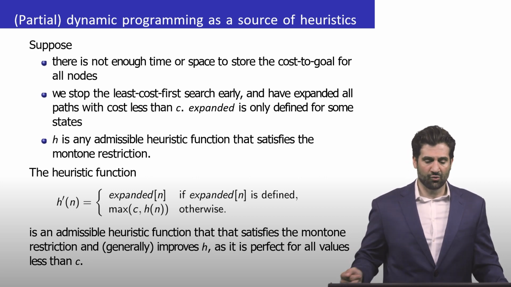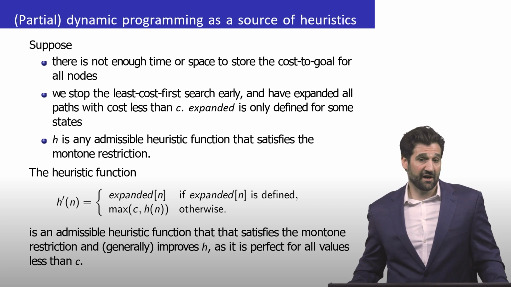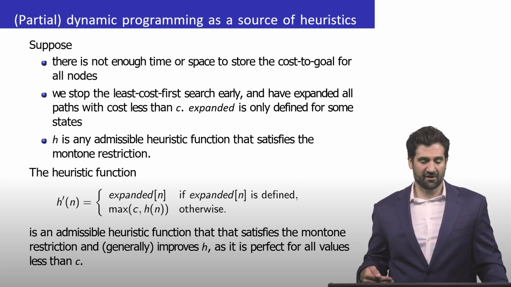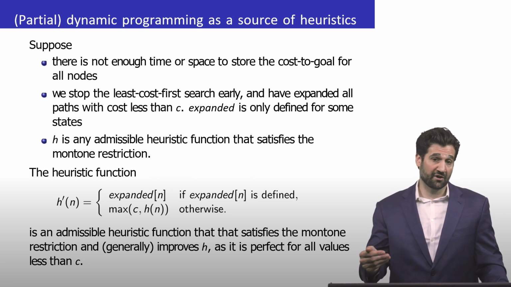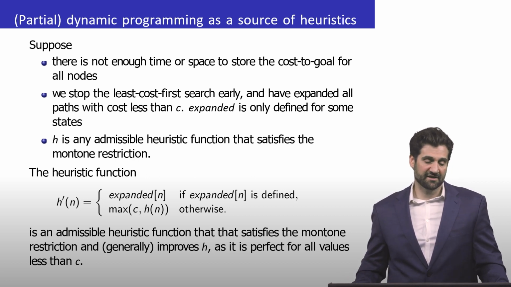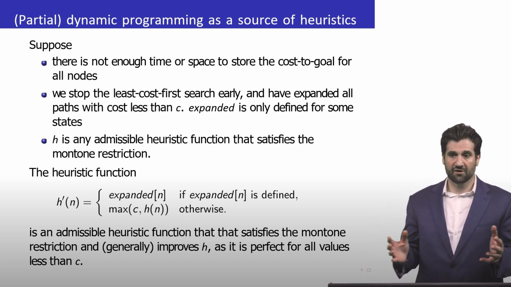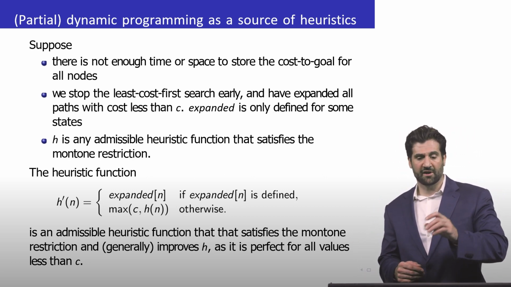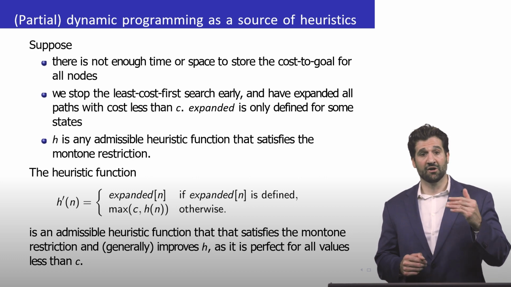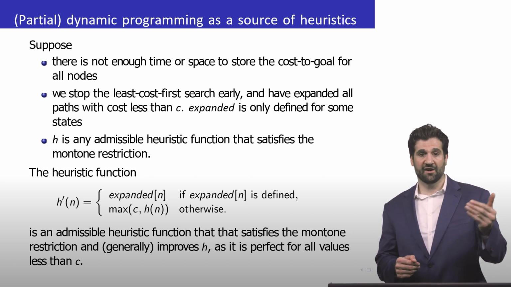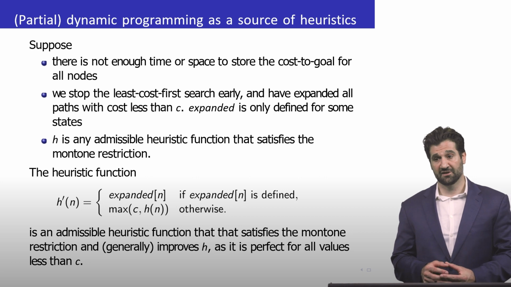Otherwise, we take the maximum of the cost and the heuristic function, where we're looking for a cost that is less than C. In the way the problem is defined on this slide, optimality is defined as looking for any cost less than C.